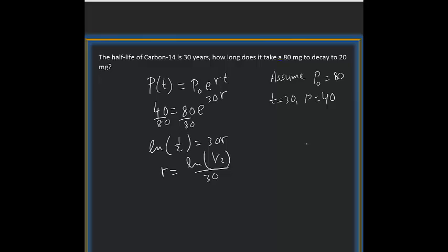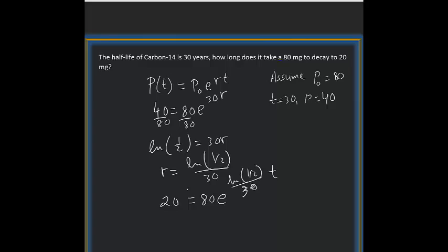So let us keep this. Now they are saying how long it will take 80 milligram to decay to 20 milligram. So that means now we'll have 20 milligram in here, and this will be 80 milligram here, and e to the natural log of 1/2 over 30. This is my r, and we are looking for t now.